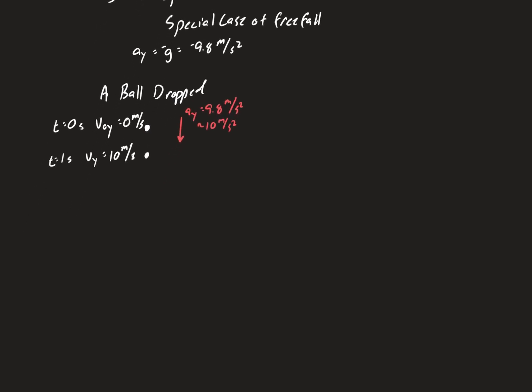As the ball continues to fall, let me draw my velocity vectors here. That's my velocity vector there. Here, my velocity vector is a little bit bigger, at t equal to 2 seconds. Velocity in the y direction is now negative 20 meters per second.